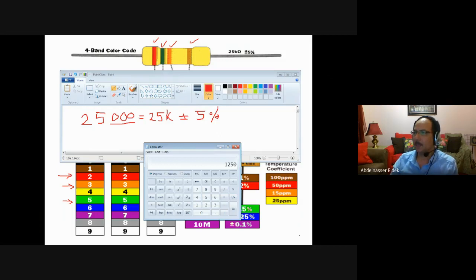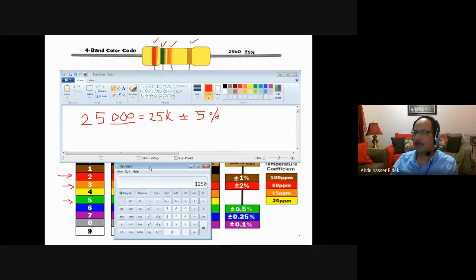Then in this case, the total resistance is supposed to be 25,000 plus or minus 1250. So this is the range of this resistance.